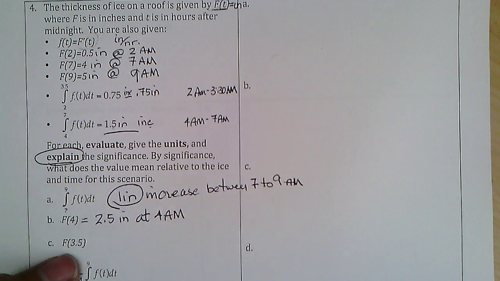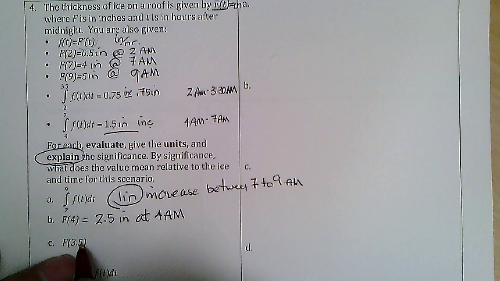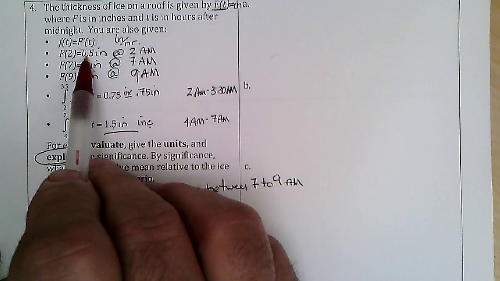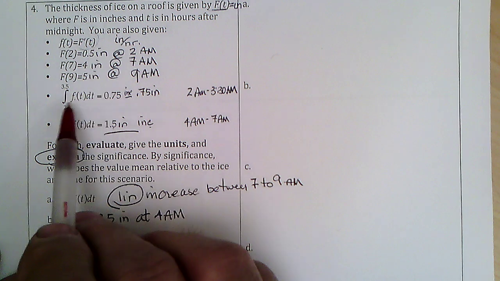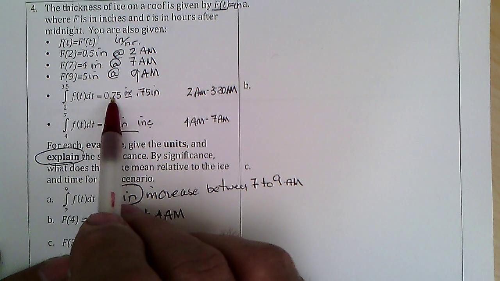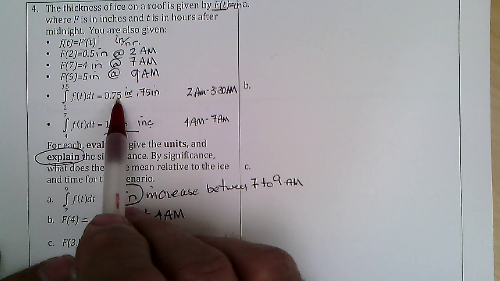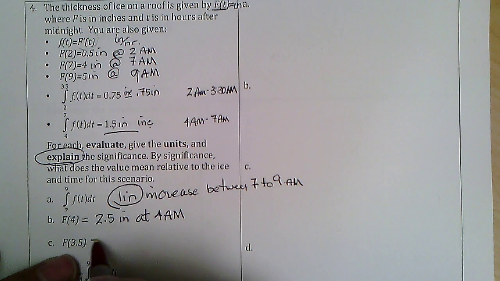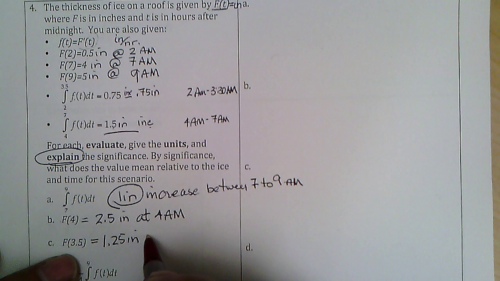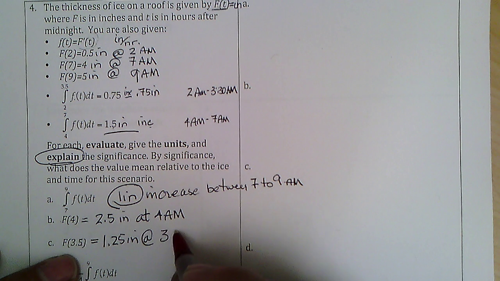This says, how much was there at 3:30? Well, at 2, there was 0.5 inch. And from 2 to 3:30, it went up 0.75 inches. So 1/2 plus 0.75, that's 1.25 inches at 3:30.